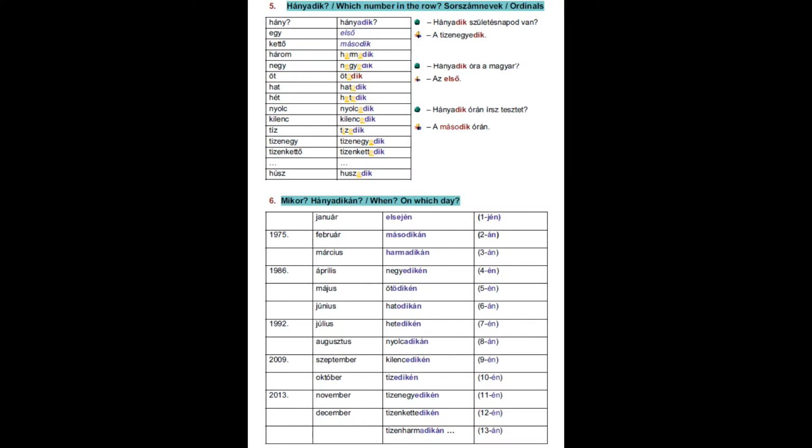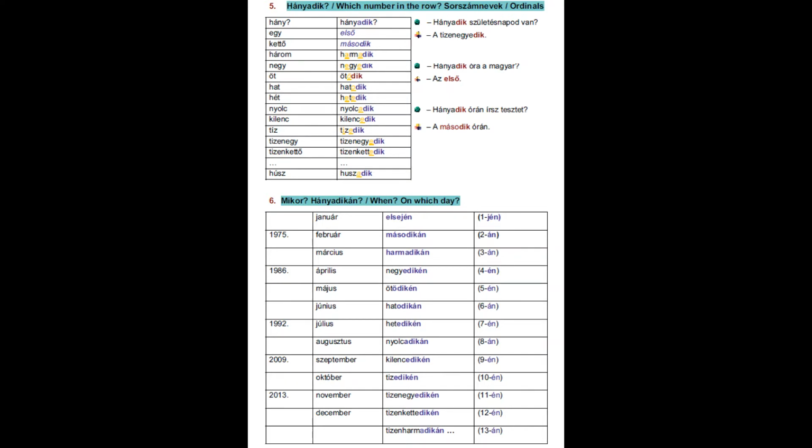On the 4th of April, or April 4th. Május 5-én. Because the 5th is the 5th, so on the 5th is 5-én.